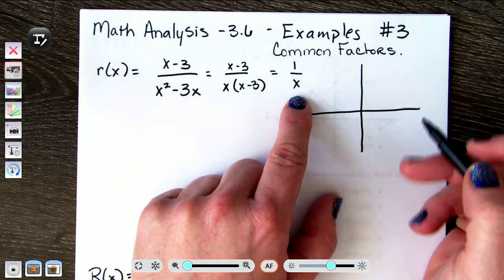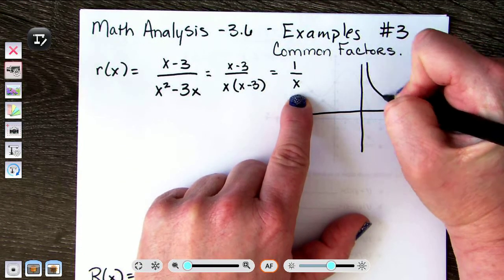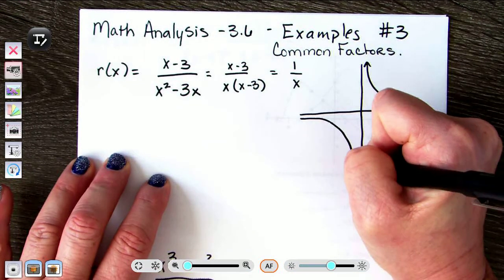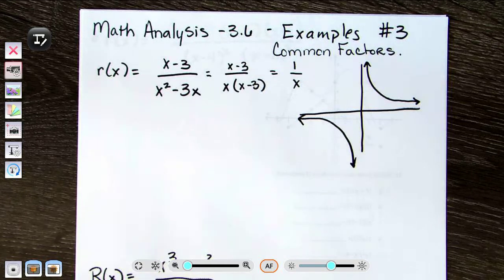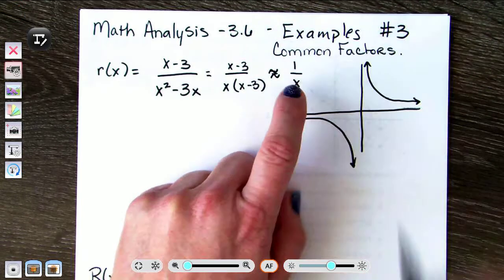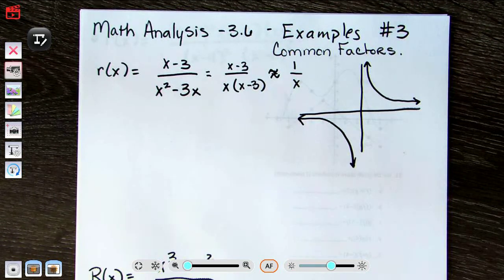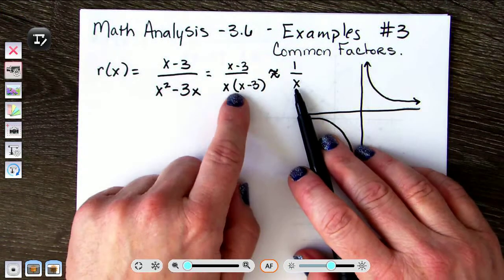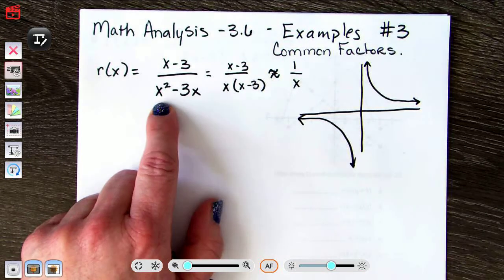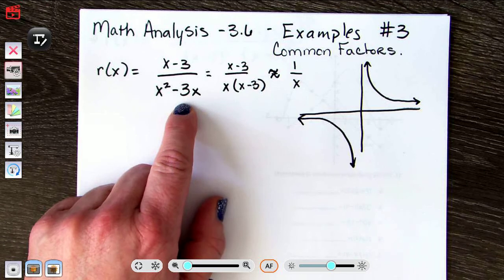Okay, we talked about what 1 over x looks like. So this is 1 over x. These two functions are almost the same, because they are identical except this original one has one thing missing.